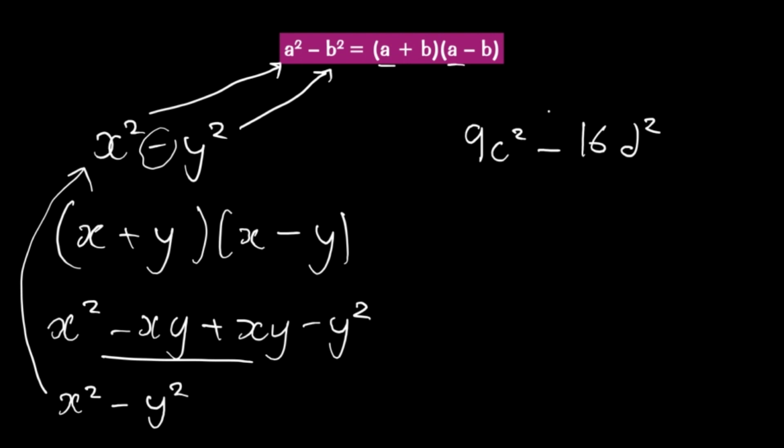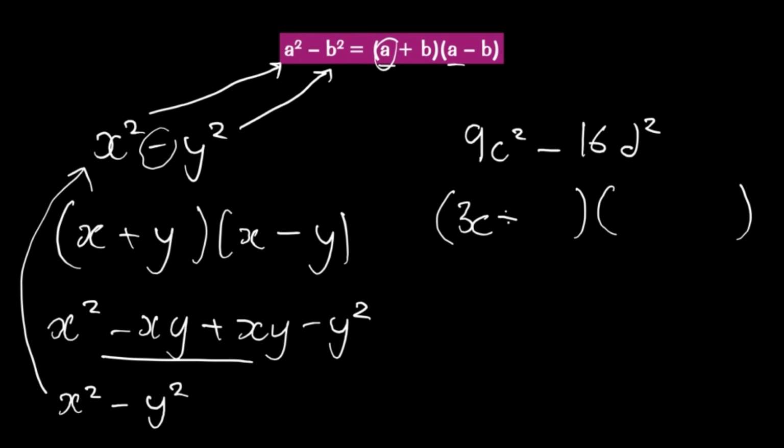Next, 9c squared minus 16d squared. In this case, a squared is the 9c squared. So you put your brackets down. What is the square root of 9c squared? To get a, you need to find the square root of 9c squared. That will be 3c. The square root of 9 is 3.